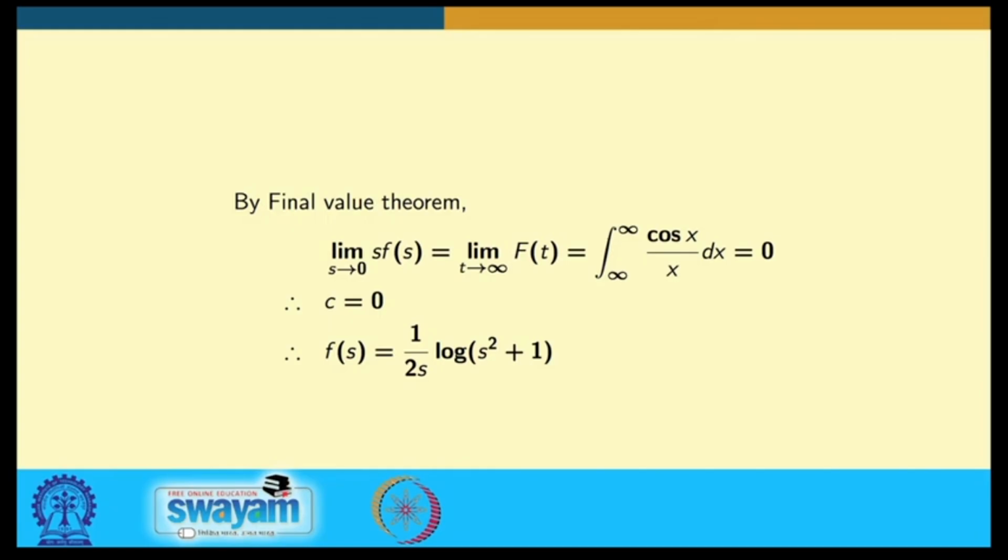So the value becomes 0, or in other words, I can obtain the value of c as 0, and therefore f(s) equals 1 by twice s into log of s square plus 1, which is the Laplace transform of the cosine integral function.